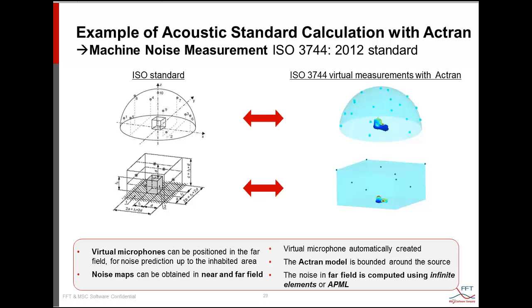So it is therefore very interesting to compute the noise as specified in the standards, whether it is outside or inside the vehicle. For the measurement of machine noise, the Actran graphical interface allows to set automatically virtual microphones as specified in the standard ISO 3744. So the simulations are performed in the same way as in experiments, and comparisons of results are thus easier.